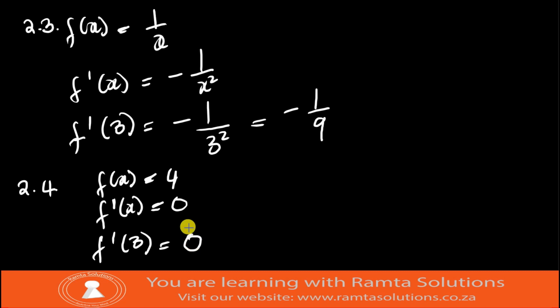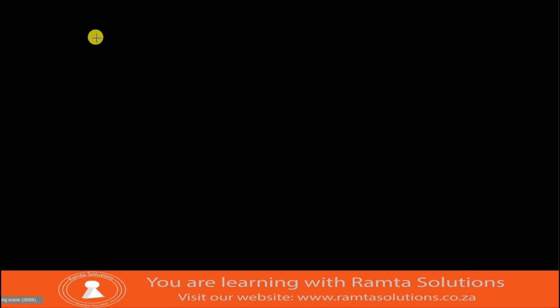So stay tuned for your next lesson. In your next lesson, you will basically be finding this f prime x without using first principles. Remember, when you see f prime x, we call it a derivative, right?